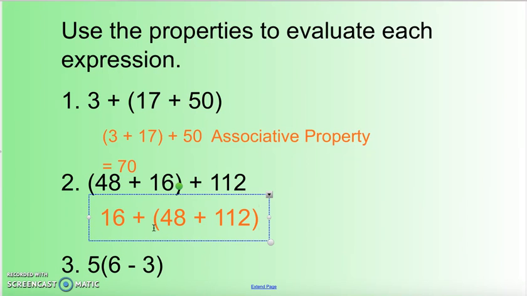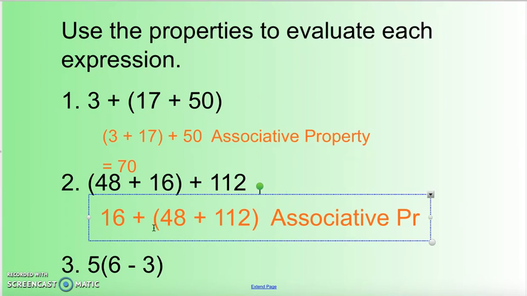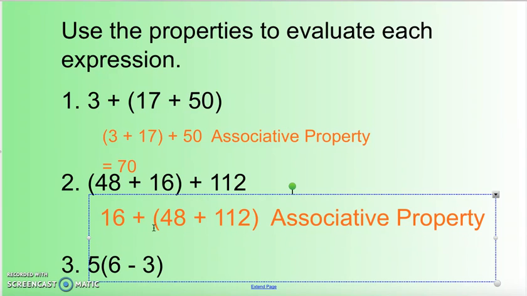I actually want to do 48 plus 112 first. So I'm going to put parentheses around it. And then I'm going to add the 16. And so what happened was I switched the group. That's associative. And then I also did commutative property.